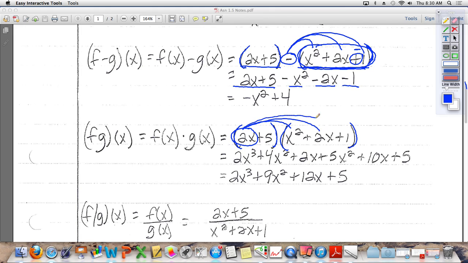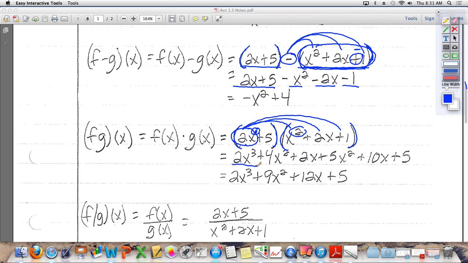You have to multiply the 2x times everything in the second polynomial. So you do 2x times x squared. That gives you 2x cubed. Notice when you are multiplying polynomials, the powers change. You're adding the powers together. So you have a second power that needs to be added to a first power, so you get 2x cubed.